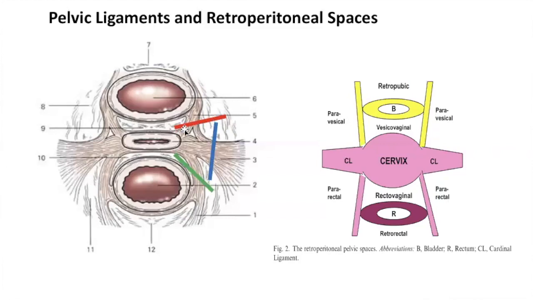So red line is the transection of the pubovesical or vesico-uterine ligament. Blue line is representative of the point where we transect or divide the cardinal ligament, and the green line represents the point where we transect the uterosacral ligaments.